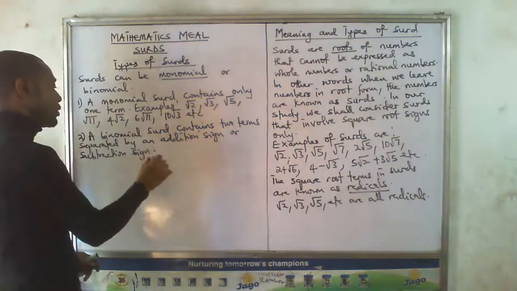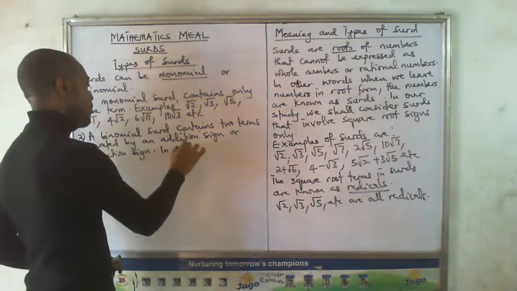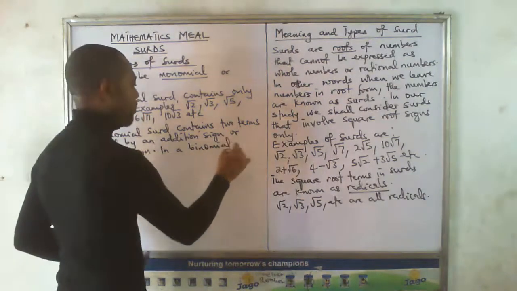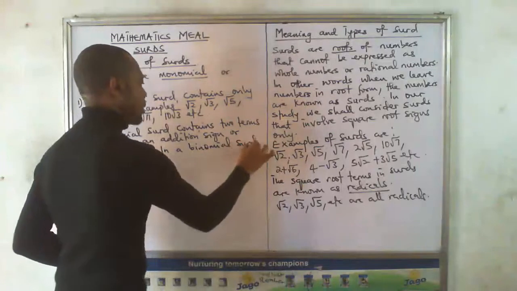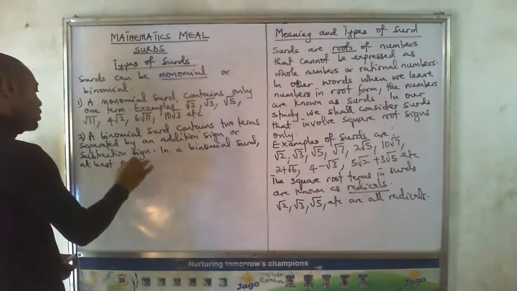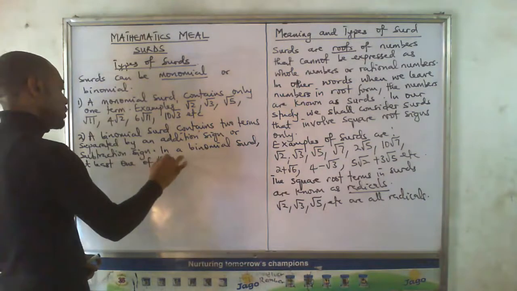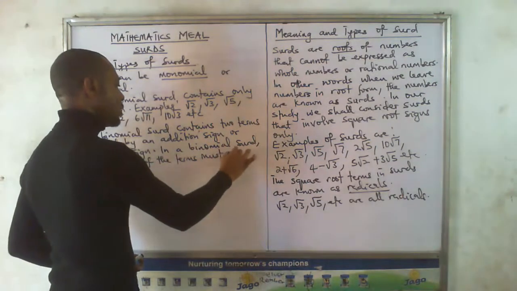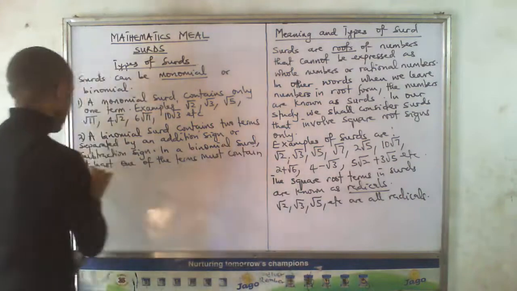surd is concerned. In a binomial surd, at least one of the terms must contain a radical.